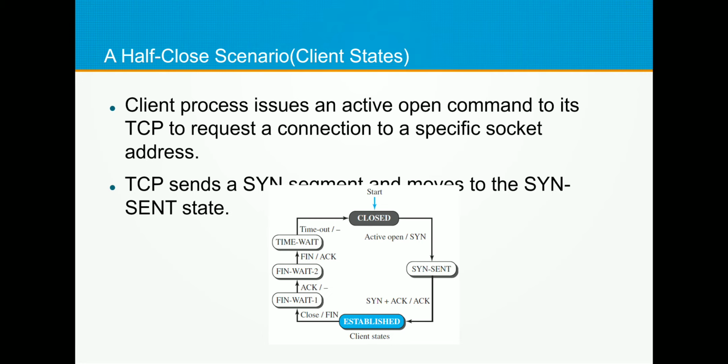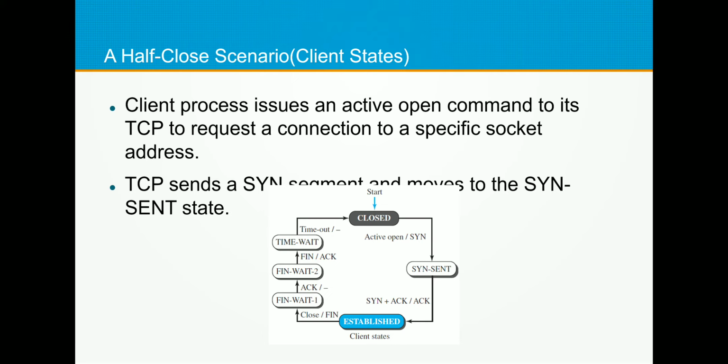From the other end, the server will reply back with an acknowledgement and at the same time also send a SYN saying that it wants to establish connection from the other side as well. So now the client, when it receives a SYN plus ACK, where SYN is the connection request from the server and ACK is the acknowledgement from the server side, also accepts the connection from the server side and sends an acknowledgement. That's the output of this.